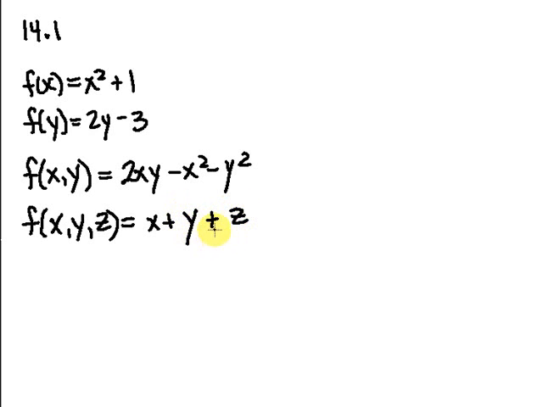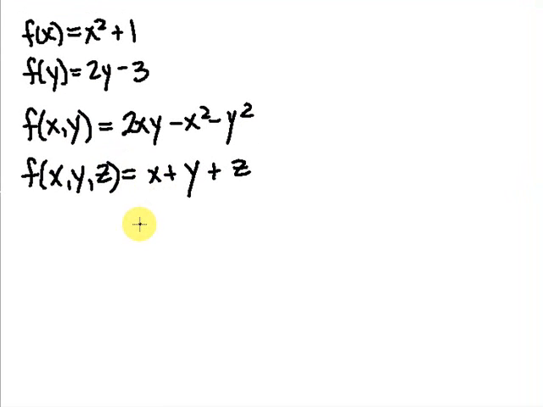Now there are different ways of visualizing these functions. It's important to mention, since we've just finished vector valued functions, that these are not vector valued functions, although in some cases their graphs will look the same. These are traditional functions, just depending on multiple variables rather than one.